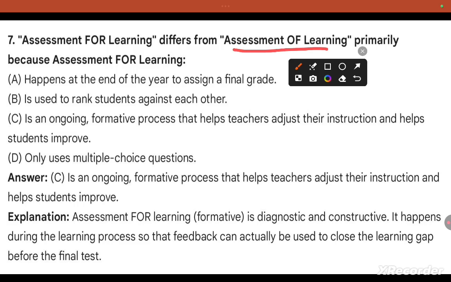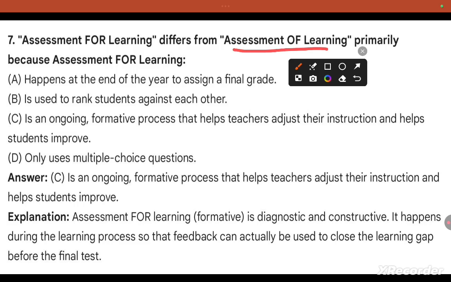A. Happens at the end of the year to assign a final grade. B. It is used to rank students against each other. C. Is an ongoing formative process that helps teachers adjust their instruction and helps students to improve their learning procedure. D. Only uses multiple choice questions.